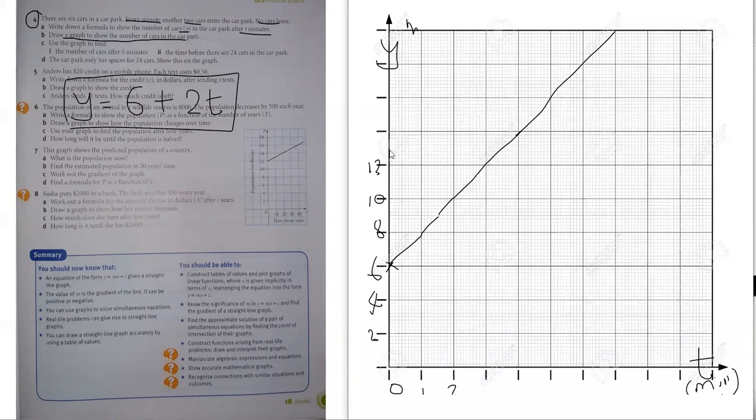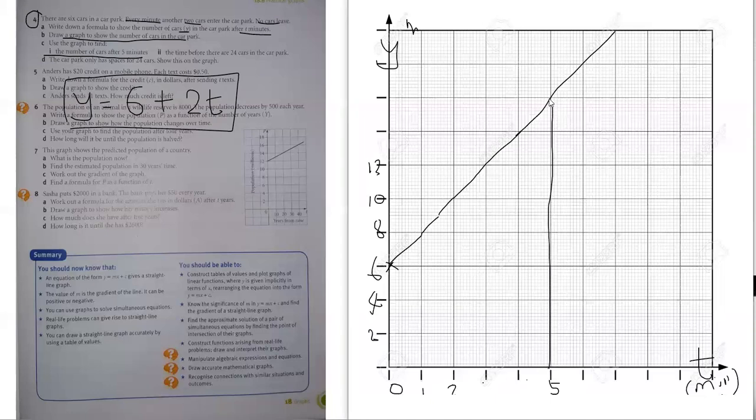Okay. So once you have this graph done, then you have to use your graph to answer the question. The question asks for the number of cars after 5 minutes. After 5 minutes, then 1, 2, 3, 4, 5. So 5 minutes right here. You draw a dotted line if possible.